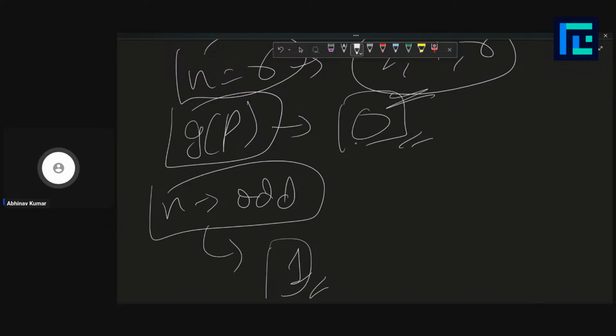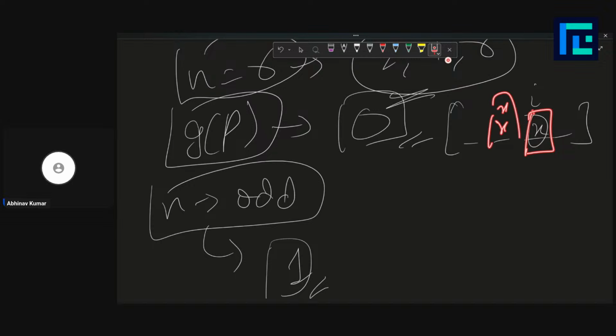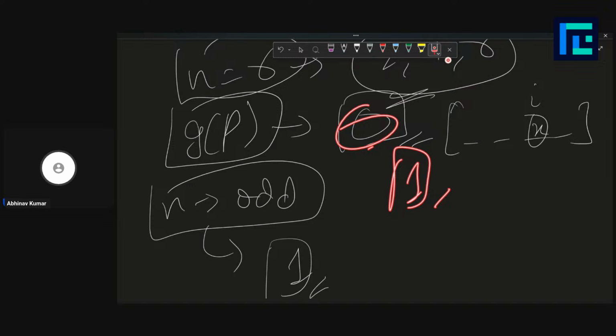No, because whenever you have a permutation and you cyclically shift it, let's say you have an element X at some index I. When it moves through all the n cyclic shifts, at some point it would eventually come to the index X and give you 1 as your FP value. So for any permutation, if you shift it cyclically, at some point it would at least give you an FP value of 1. So we can say 0 is never our GP value. It would not happen that all the n cyclic shifts of a permutation give you a value 0.